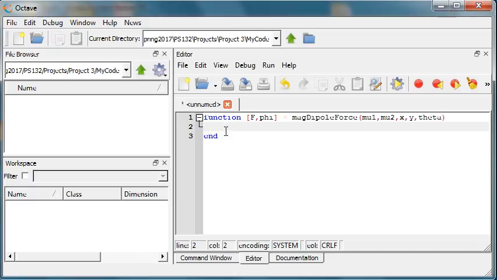So mu 0 by 4 pi, I'll call it, equals 1 times 10 to the minus 7th, in tesla meters per ampere. So that's mu 0 over 4 pi.